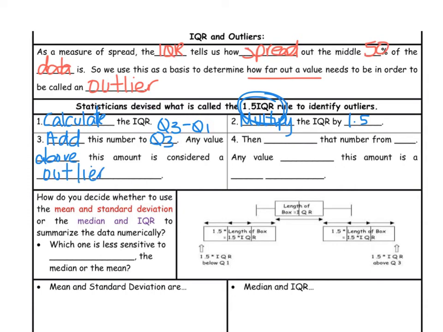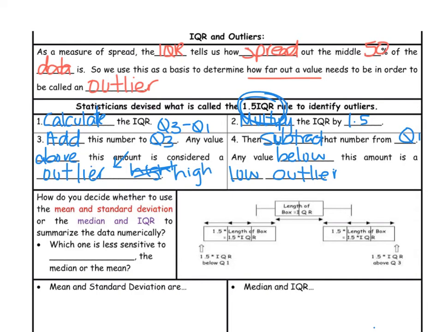We do the same with quartile 1, except this time we subtract the number we get by multiplying the IQR by 1.5 from quartile 1, and any value below that amount is considered a low outlier. And this one here would be considered a high outlier, if I could spell. H-I-G-H, there we go.